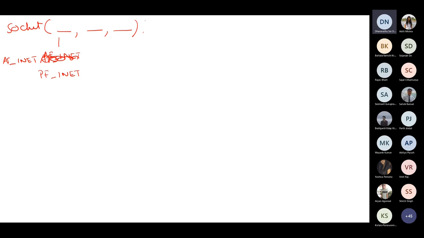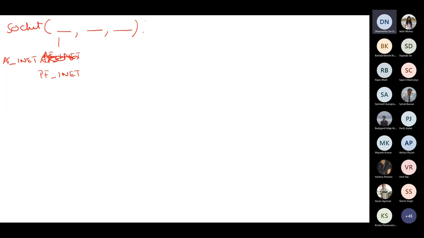It came out of Berkeley originally, and then became a de facto standard. Right now you will hardly see anything other than inet because it's all internet sockets, which is basically your IPv4, IPv6. But in the old days there were lots of other networks, and even now there are some local ones like AF_UNIX for local communication. Let's not worry about it.